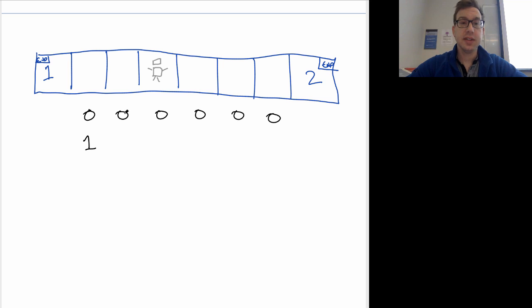And let's think about it for this state. I'm at this state, I can go right, and I get a value of 0. Or I can go left, and I get a value from the previous round of 0. So this remains 0. And by the same argument, this is 0, this is 0, this is 0.